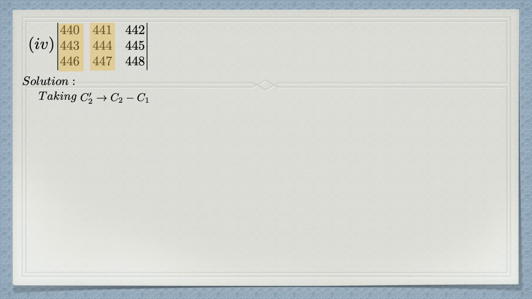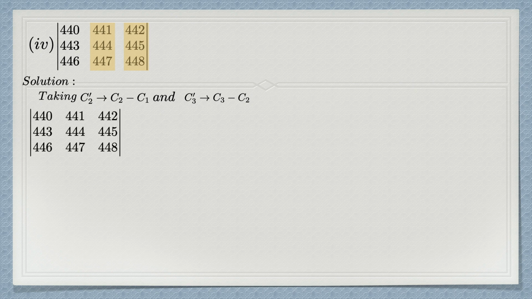See here in this column 2 minus column 1, by simplifying we will get 1 1 1, and column 3 minus column 2. Write the determinant equal to. So by simplifying we get 1 1 1, because the first one is column 2 minus column 1, that is 441 minus 440, same 444 minus 443, 447 minus 446, we get 1 1 1.